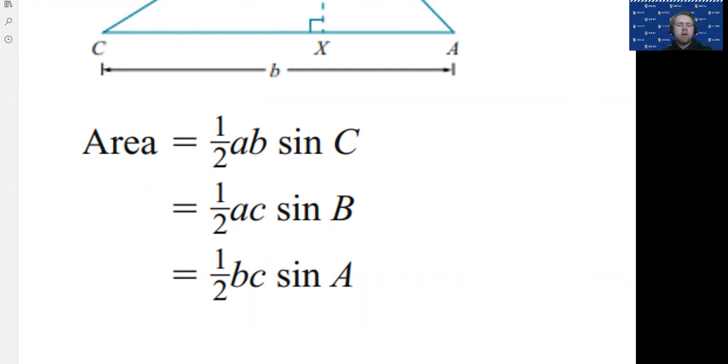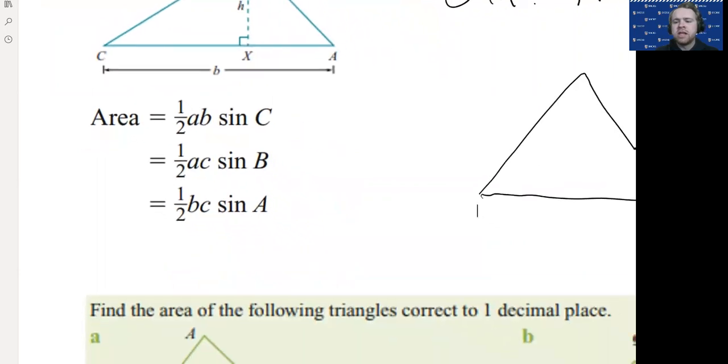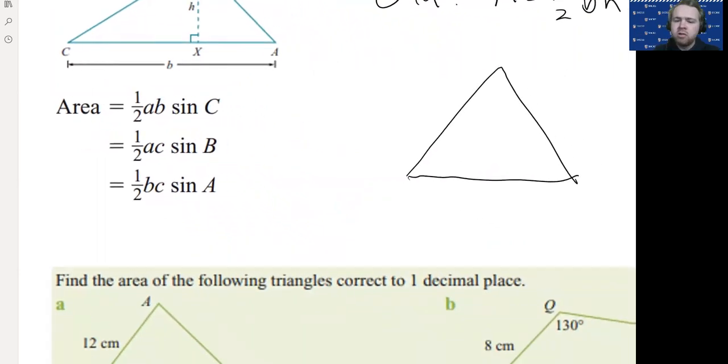The reason we repeated this several times is because which side or which angle is A, B, or C is totally arbitrary unless you're given the diagram with those letters. So here I have a triangle. I could call this angle A, and then we call the side that is opposite it lowercase a.